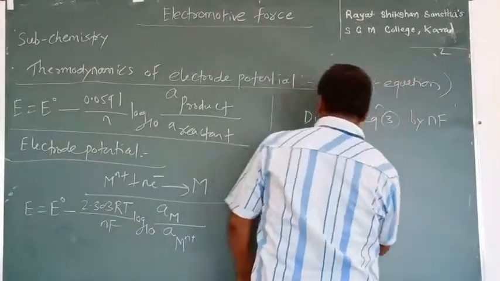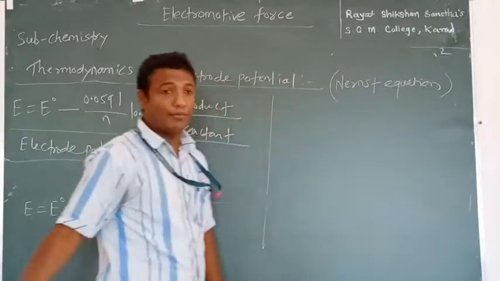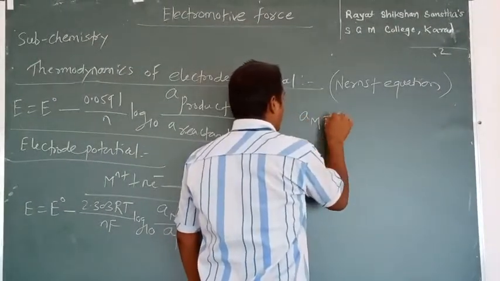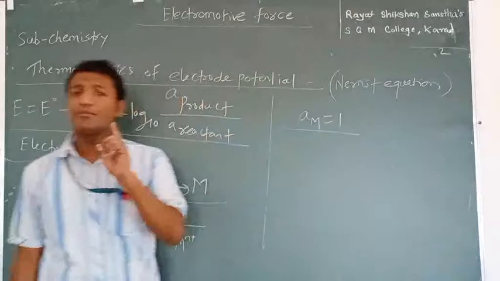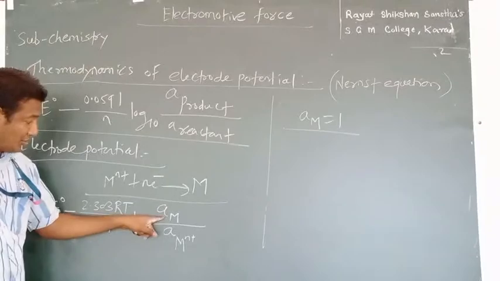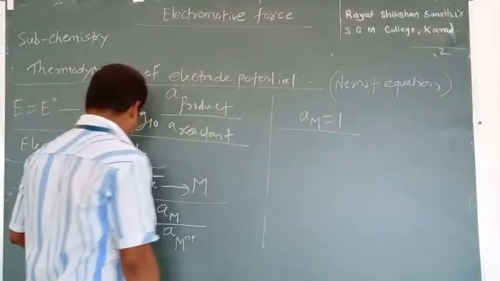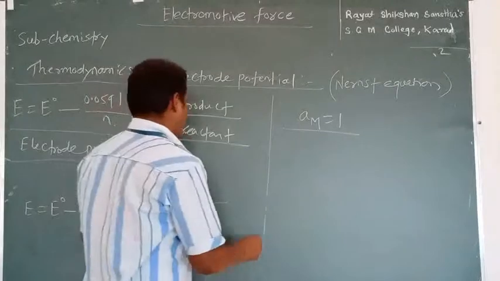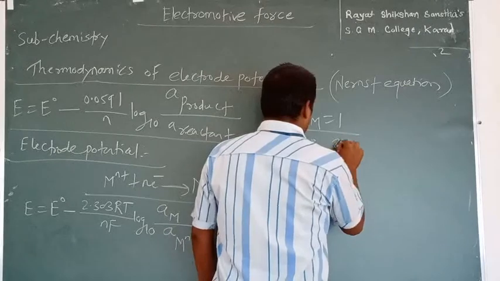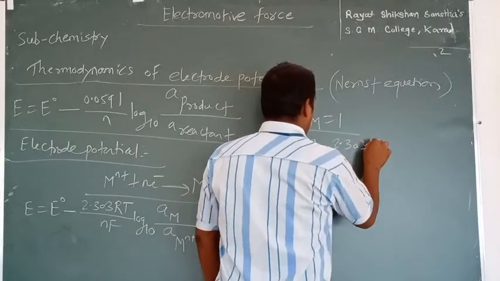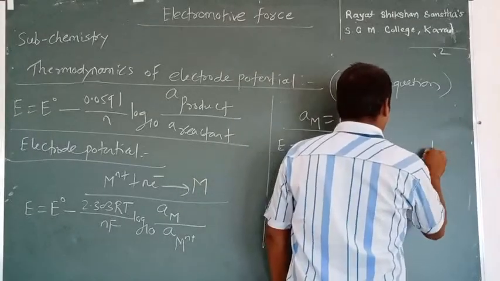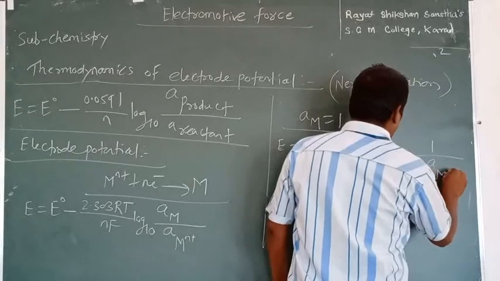Now keep one thing in your mind, that the activity of pure metal is always 1. Very important from an exam point of view, objective question point of view. Activity of pure metal is always 1, so it becomes 1. n is the number of electrons. So E is equal to E0 minus 2.303 RT by nF log to the base 10 of 1 upon activity of M n plus.